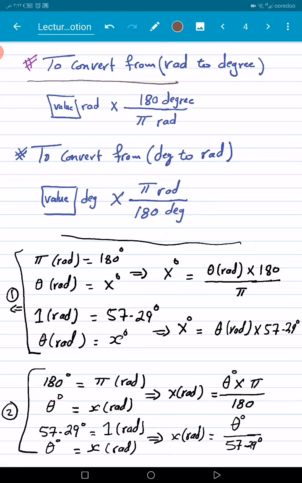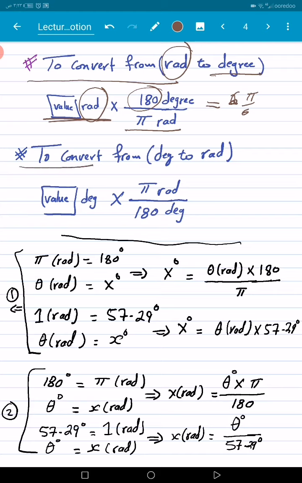So if you want to convert from radians to degrees, put the value that you want to convert in radians, multiply it by 180 degrees divided by radian, and put any examples. Put, for example, pi over 6 or any number, and try to solve it.